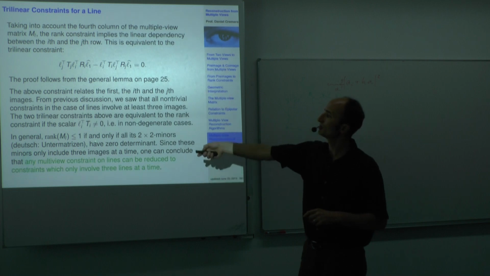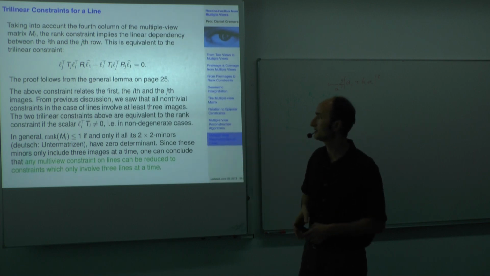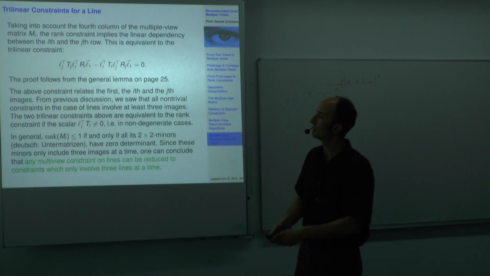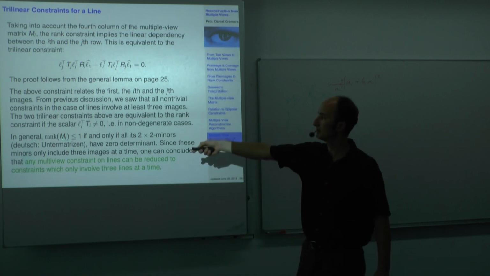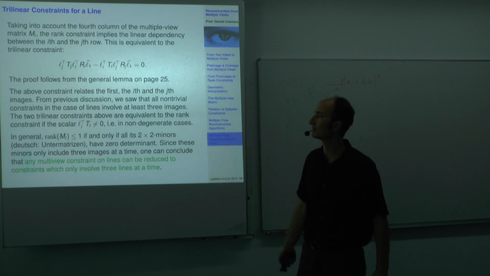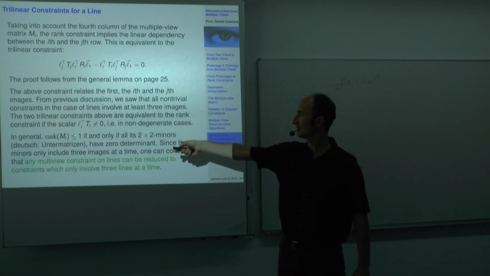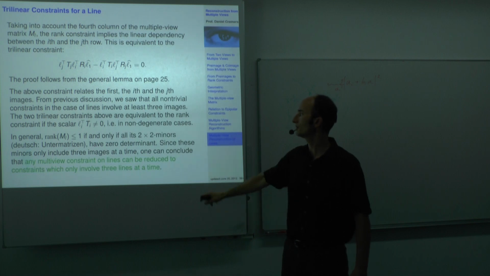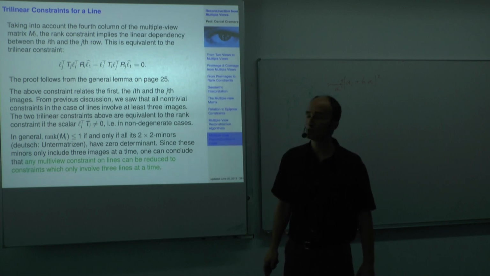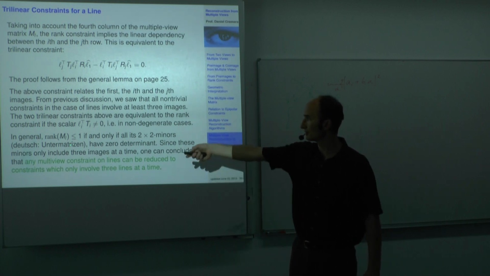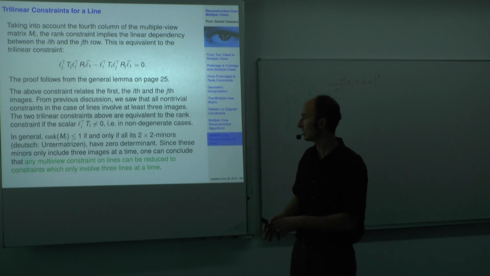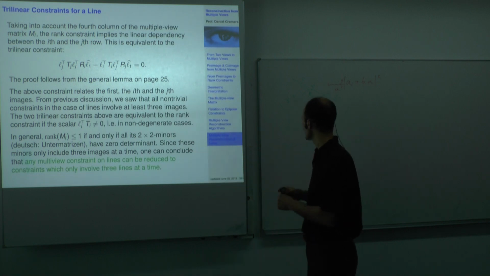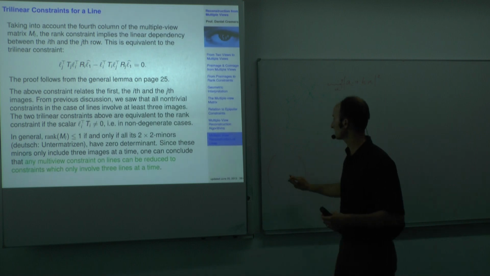Another way to interpret the rank constraint, and this is again a fact from linear algebra which I'm not going to prove, you can show that for a matrix ML, like this multiview matrix for lines, the rank is at most 1 if and only if the so-called 2x2 minors have zero determinant. 2x2 minors, or in German Untermatrizen, are basically the matrices that you get by cancelling out a certain number of rows.